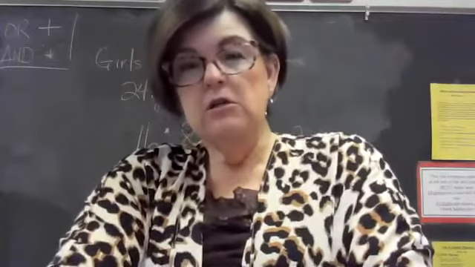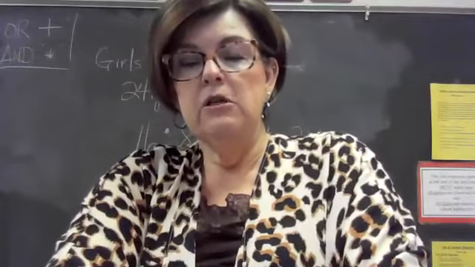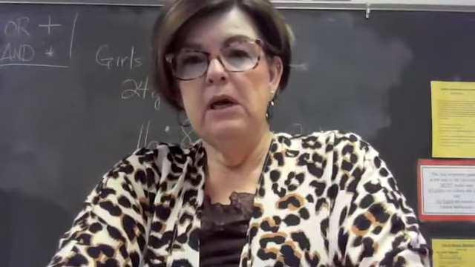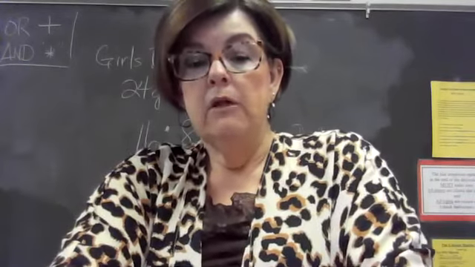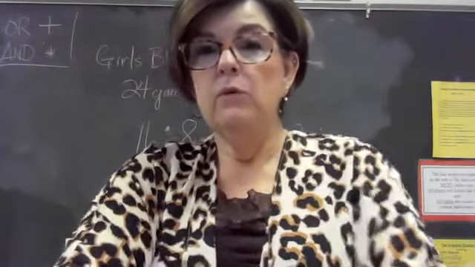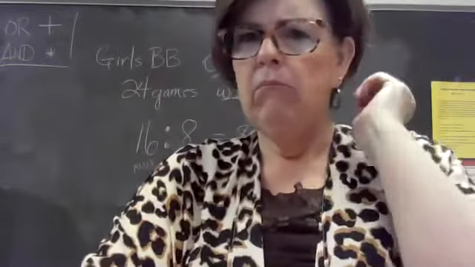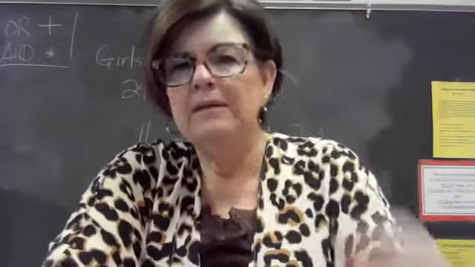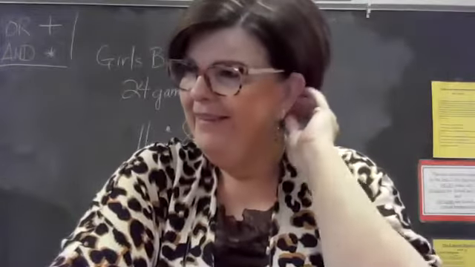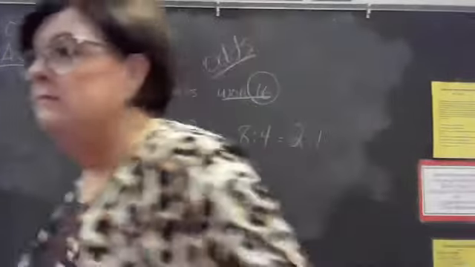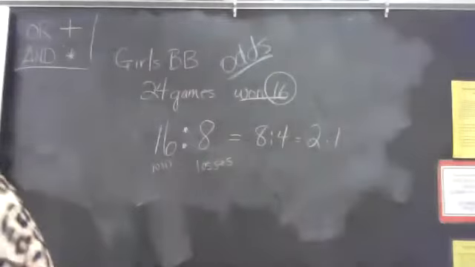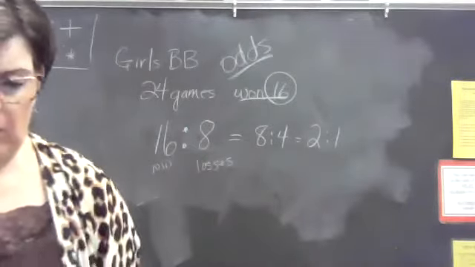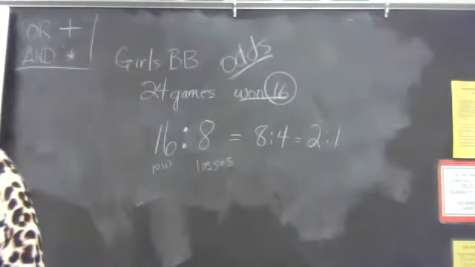At the very first, I put a definition of probability and odds on the board. You might want to go get that. Yes, ma'am. The first page, the third one is what is the probability of choosing a prime number?